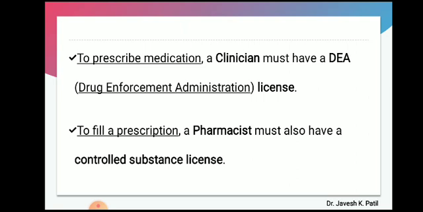That license is called DEA, meaning Drug Enforcement Administration license, and they get a registered number depending upon this DEA, and that license number is generally mentioned, already printed, in the prescription or the medication order of the clinician. Without this license they are not allowed to write controlled substances for treatment of patients.